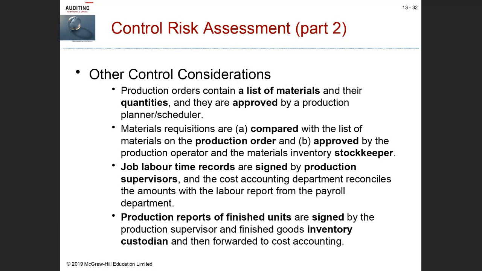A production order. So maybe in our inventory, we have 10,000 units we purchased, but we only have to move 100 into our actual production. So that's going to be done on the basis of material requisition. Somebody's going to requisition 100 units from the storage area to move into the production line.